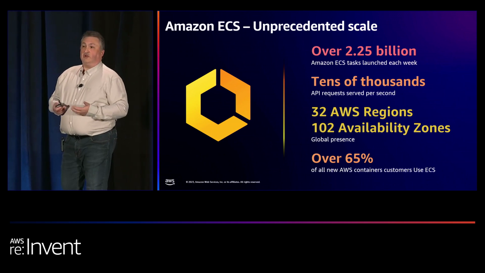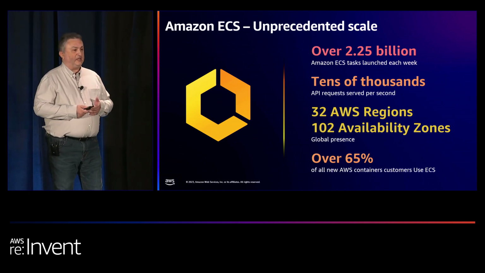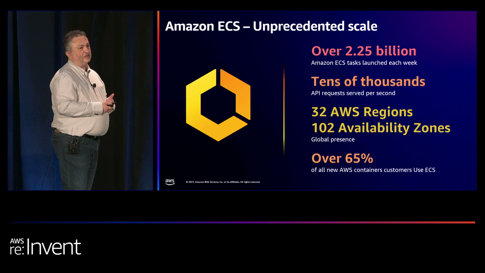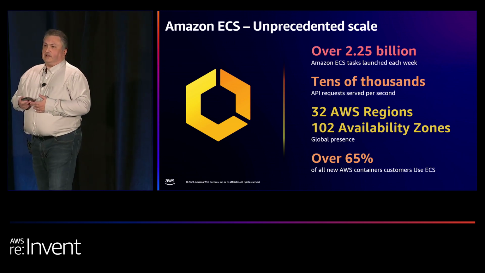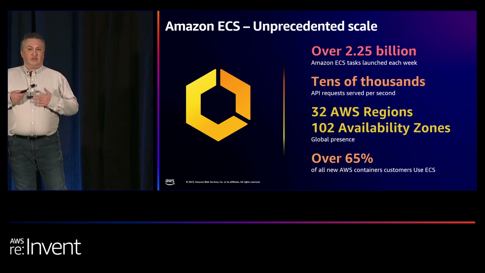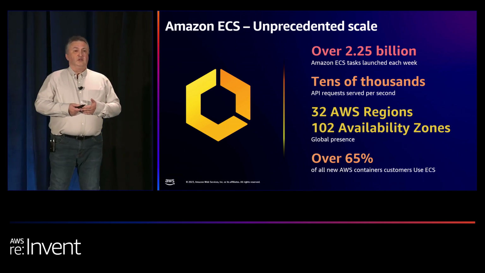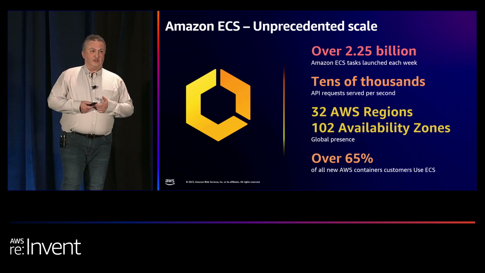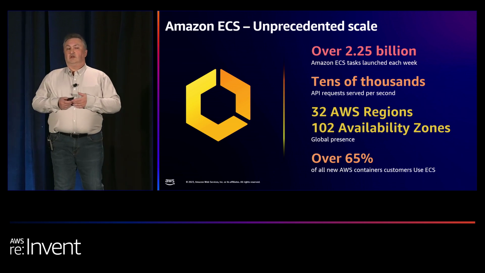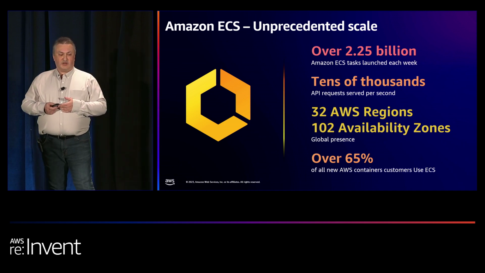It's a very mature service, been around for many years, and it has scaled to billions of new task launches every week. And the one thing to note here is that 2 out of 3 customers who are new to containers choose ECS because it's so much easier to onboard and manage. The majority of them are on serverless using AWS Fargate.